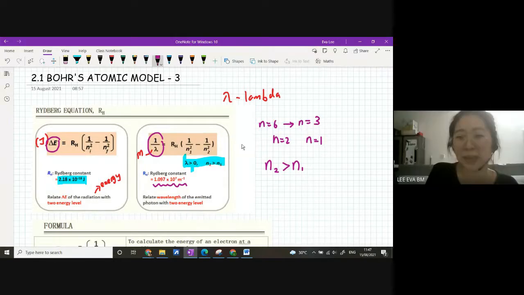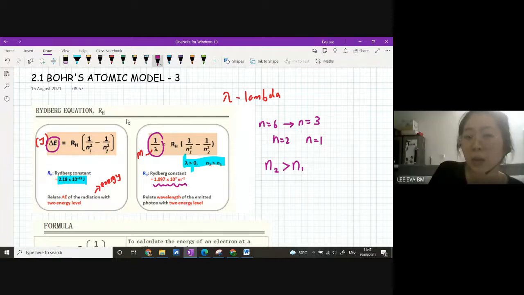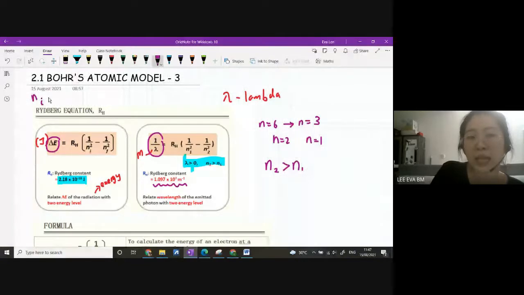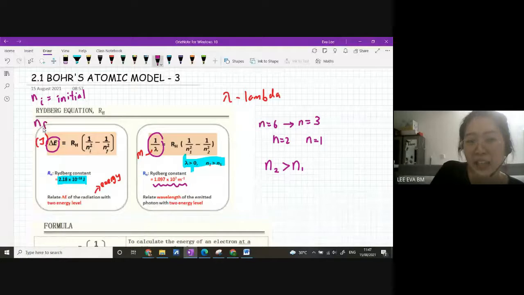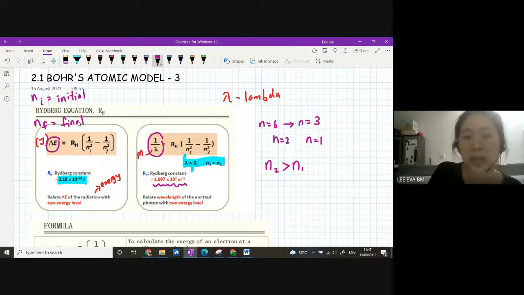Nampak tak dekat sini? Madam nak ajar macam mana awak nak bezakan antara dua formula ini. So kalau untuk delta E, tadi Madam letak I dengan F. I ini represent your initial energy level. Okay? F ini represent your final energy level. So yang ni penting. Dari mana ke mana yang ni penting untuk delta E formula.